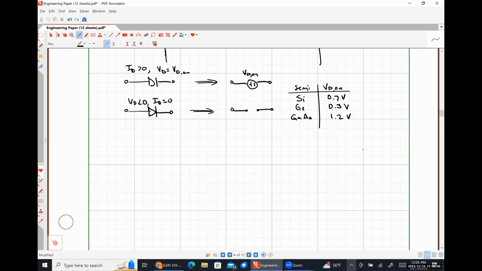No, I understand the logical argument there, but the only way for us to know if VD is less than VD on is to literally analyze the whole circuit using the exponential model and figure that out. So we're making a generalization here. If we believe the diode is forward biased, replace it with a battery. If we believe it's reverse biased, replace it with an open circuit. Because we can't check whether or not VD is greater than or less than VD on unless we analyze the whole thing.